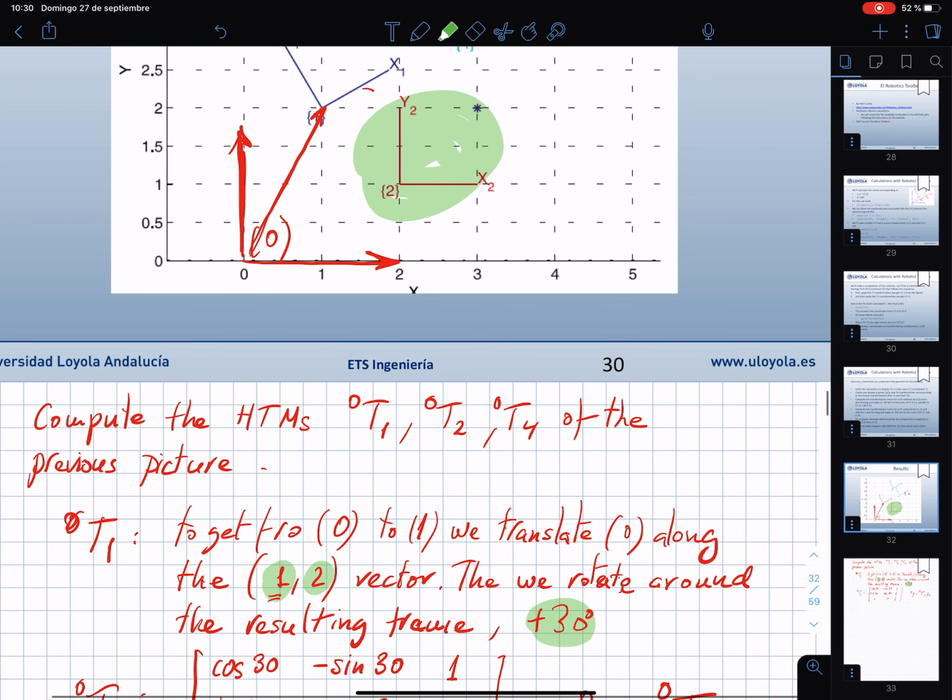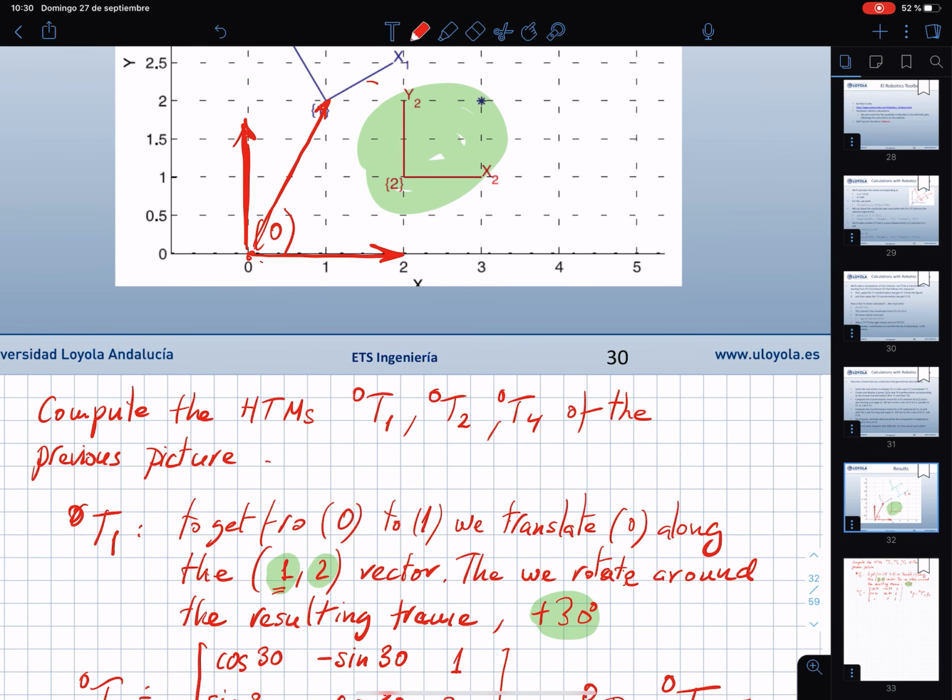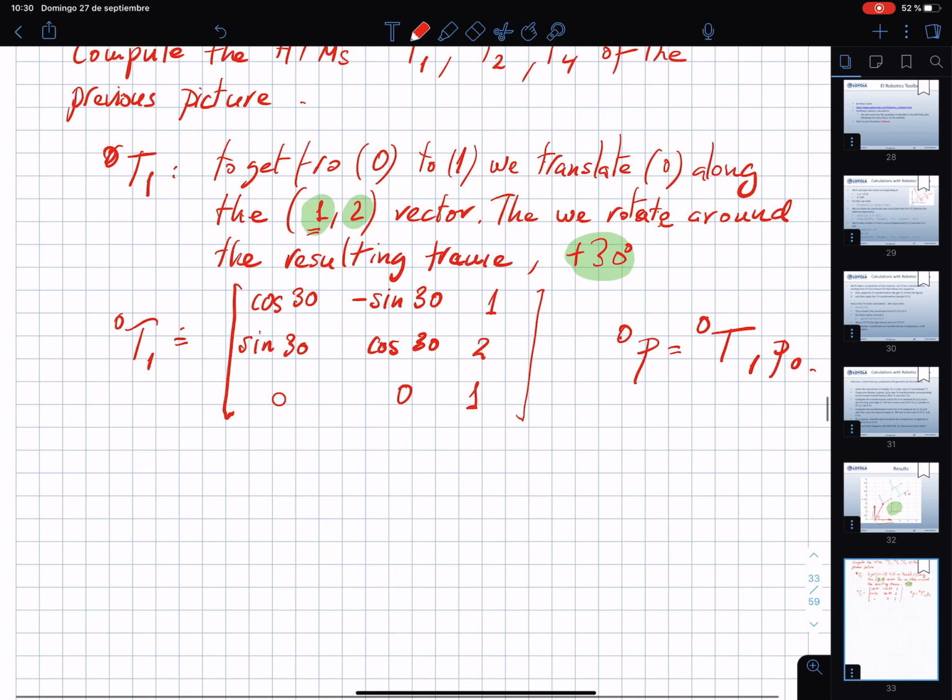Well, we'll make it quicker. What is the displacement from the origin of 0 to the origin of 2? Well, we have to displace 2 in the x direction and 1 in the y direction, and then we have to make no rotation whatsoever. So we will write here 0T2 equals.